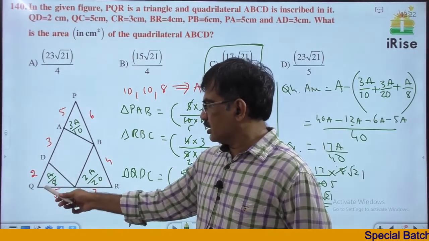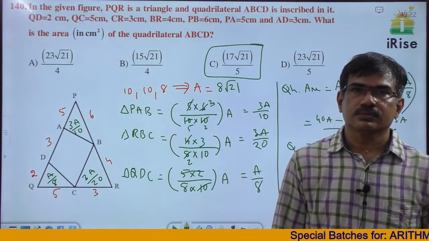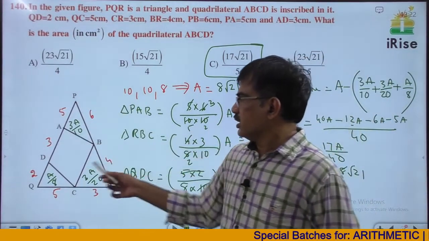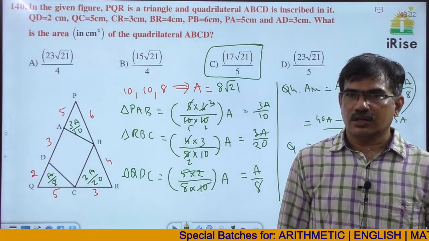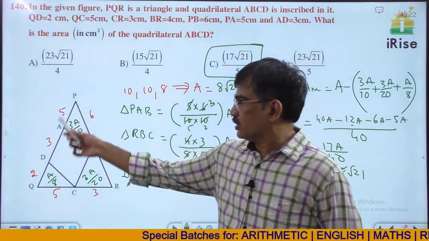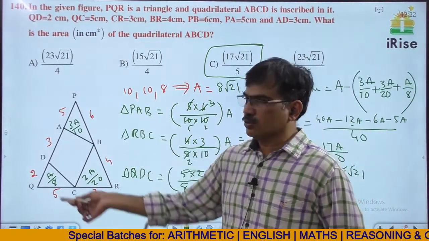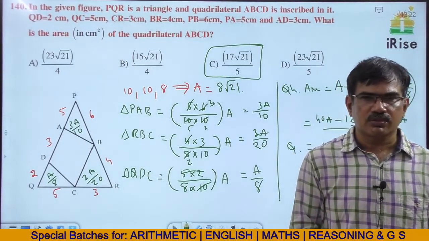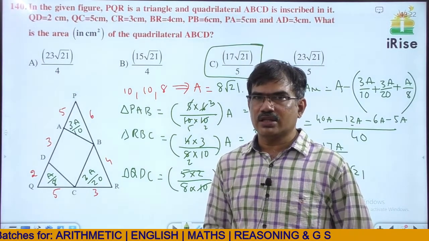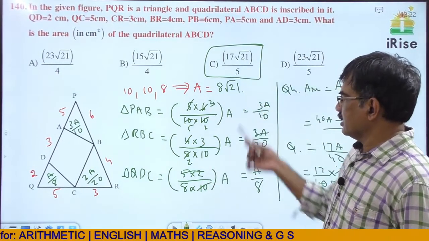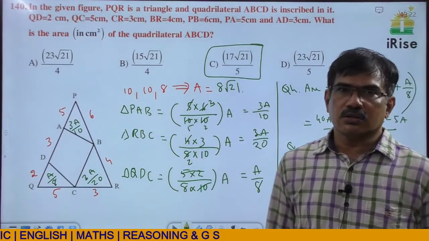This area is 5 into 2 by 10 into 8. Then total area minus these three areas gives this area. To get that, first we have to find the total area. All three sides are known. Find the area using the root of s into s minus a into s minus b into s minus c formula or the isosceles triangle formula. Any formula, find the area, and after finding the area, substitute at the end, and we get the answer.